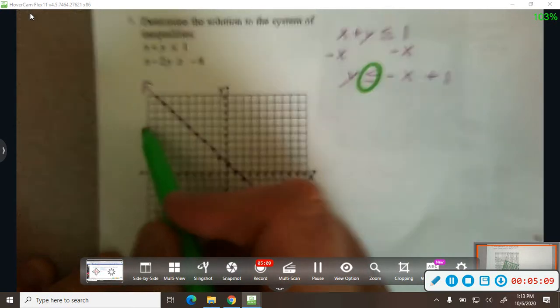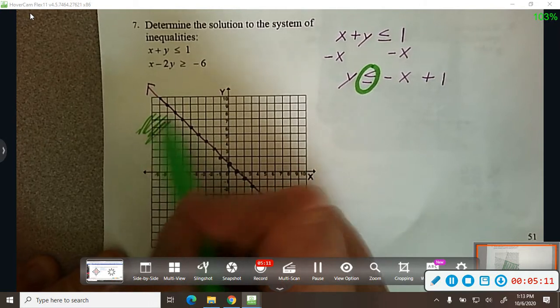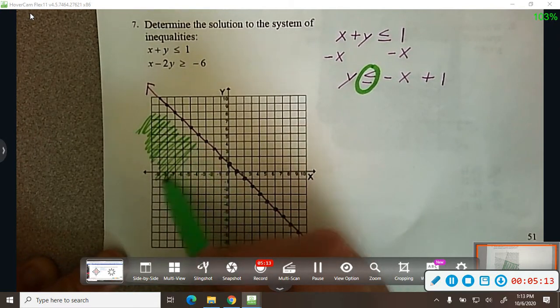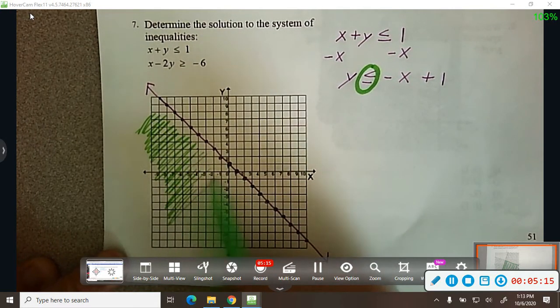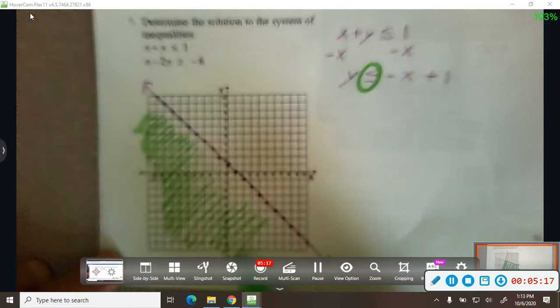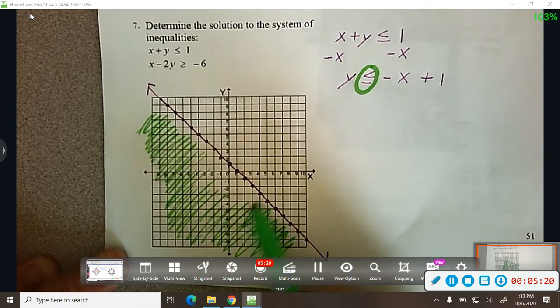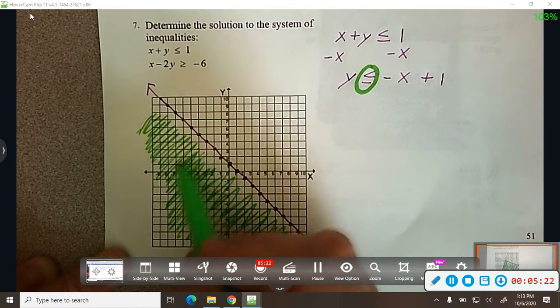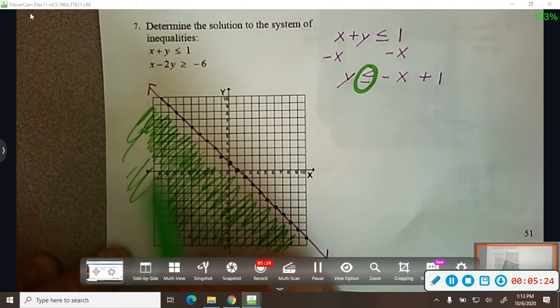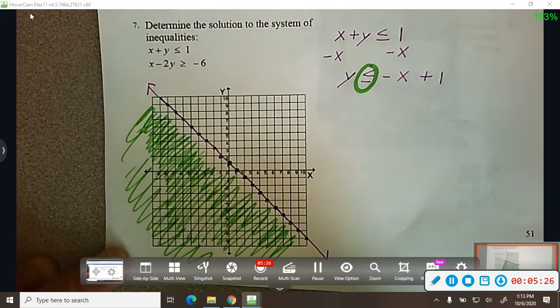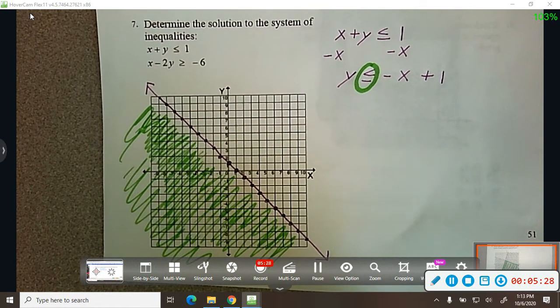So I'm going to take all of this and shade it underneath. All of these are solutions to give me something that's less than negative x plus 1. And it goes forever.